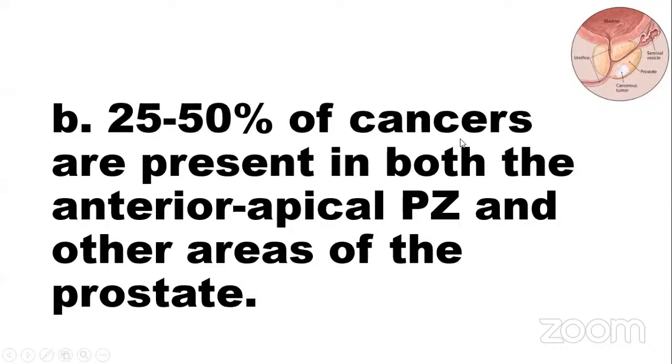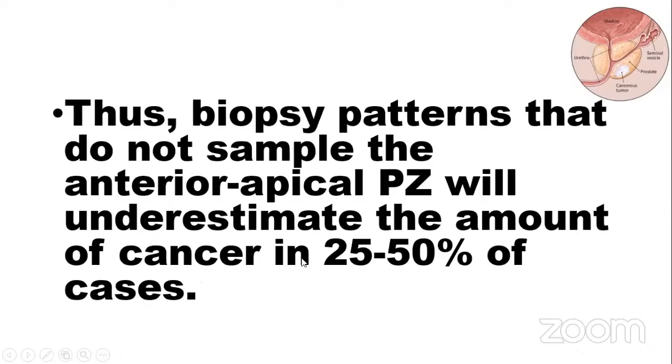25 to 50% of cancers are present in both the anterior apical peripheral zone and other areas of the prostate. Thus, a biopsy pattern that does not sample the anterior apical peripheral zone will underestimate the amount of cancer in 25% to 50% of cases.